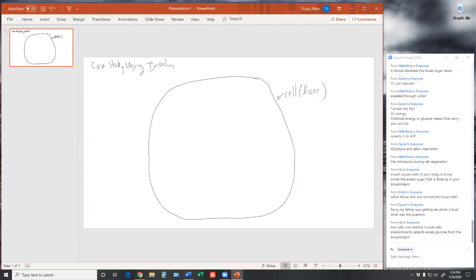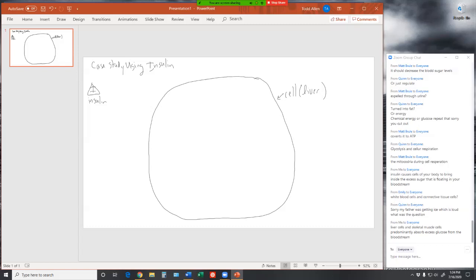The pancreas will detect that. It will secrete more insulin into the bloodstream. So to simplify our case here, I'm going to represent insulin with the letter I inside a triangle, okay? So this is insulin. Okay. All right.